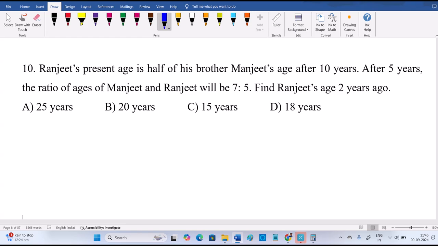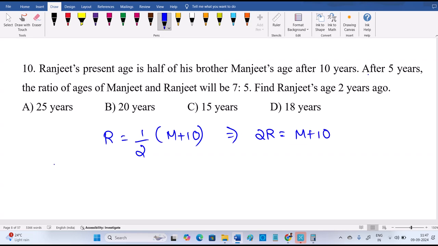Now find Ranjit's age 2 years ago. So guys, present Ranjit age is half of Manjit age after 10 years. His brother means don't think Ranjit's brother is older, maybe younger brother or elder brother. So that's one relationship: 2r equal to m plus 10.